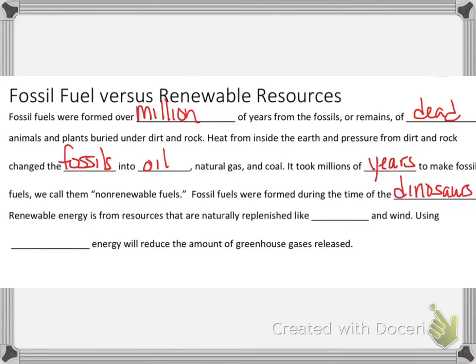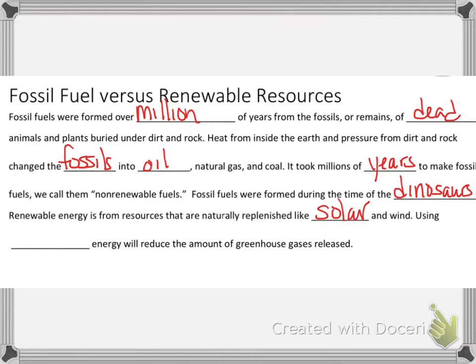So renewable energy, on the other hand, is from resources that are naturally replenished, like solar and wind. Solar panels, you have seen those, some around town and in the county by some of the county schools. South Green has some, Doak has some out there in the fields. Those are big solar panels.